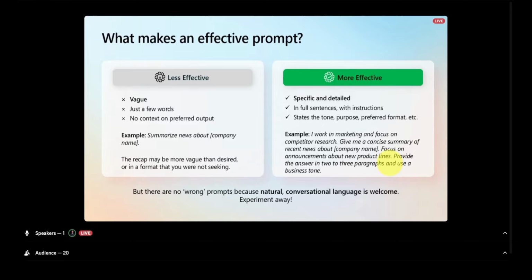So it is important that you give the right set of instructions to your AI model, to the LLM you are utilizing, and also state your tone, how you want it to sound, what the purpose is, or what the preferred format is.